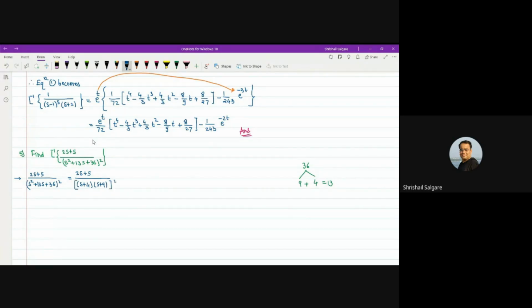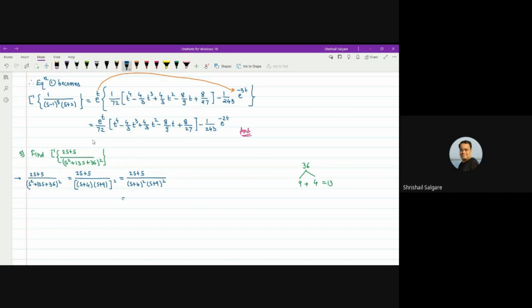Am I right? Yes. Further it can be written as 2s plus 5 divided by s plus 4 its bracket square and s plus 9 its bracket square.